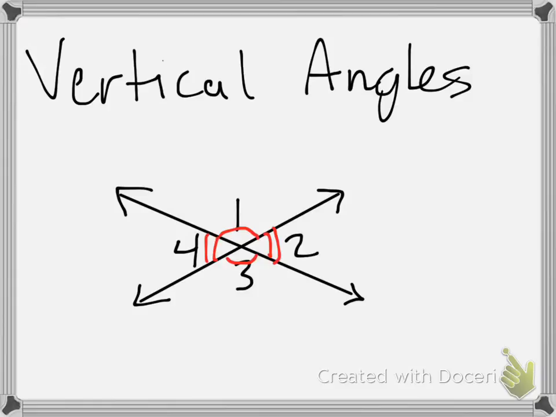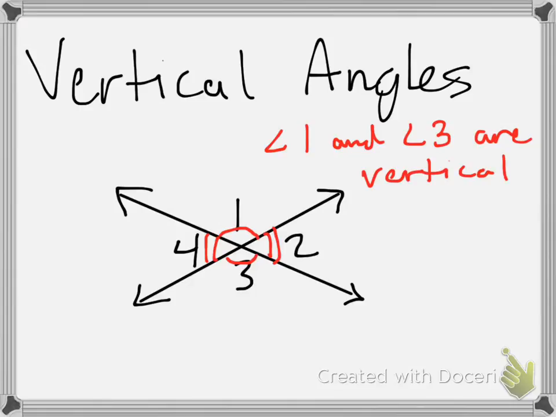Okay, so if we write that out, I would write angle 1 and angle 3 are vertical. And then I could also write angle 2 and angle 4 are vertical as well.